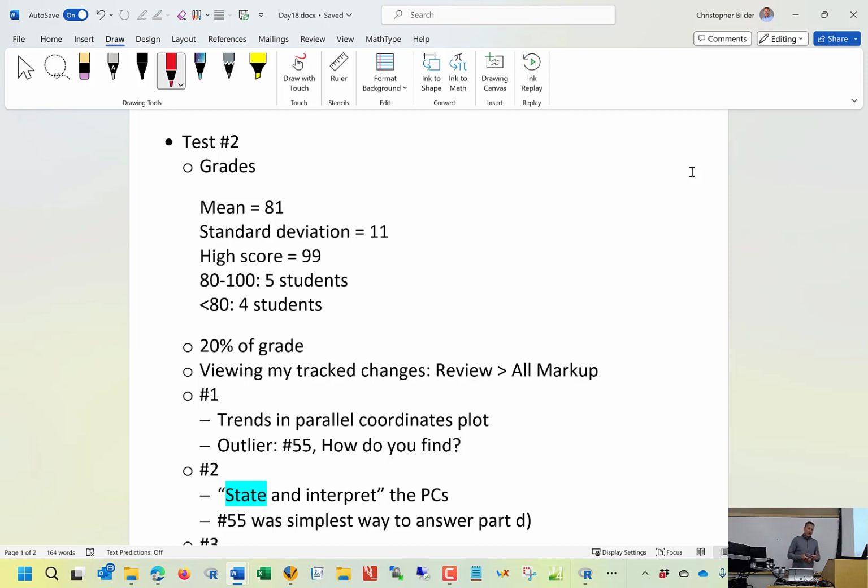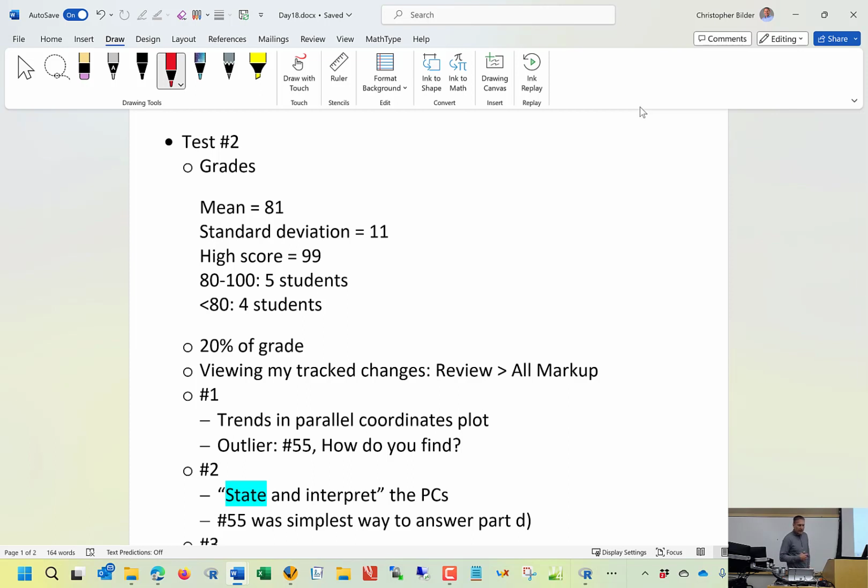Just realize that this test is 20% of your overall grade. That's not 100%. So, there's still a lot of other grades out there that you can get to improve upon your overall course grade. So please take that into account when you think about your test grade.